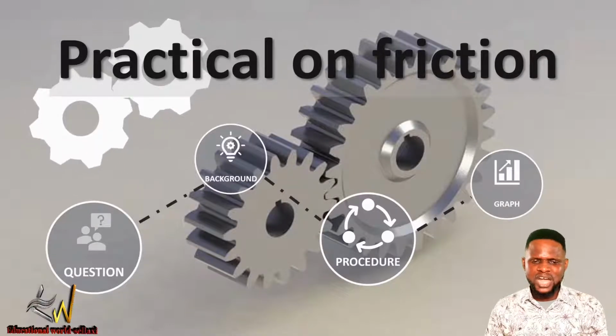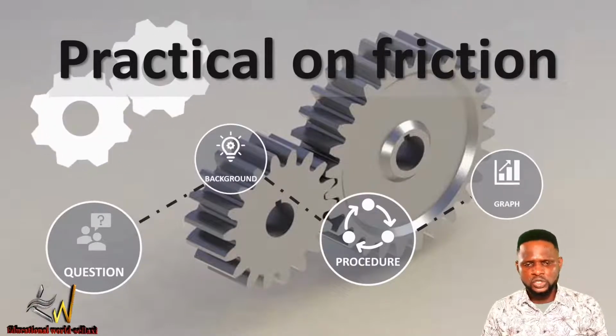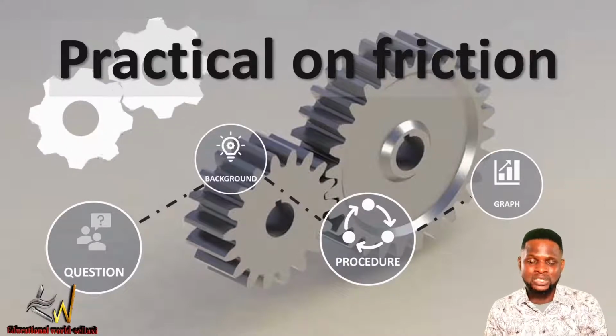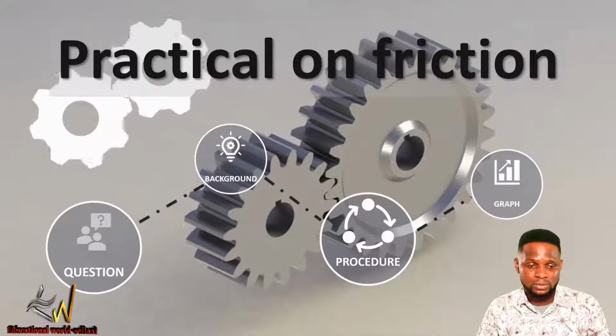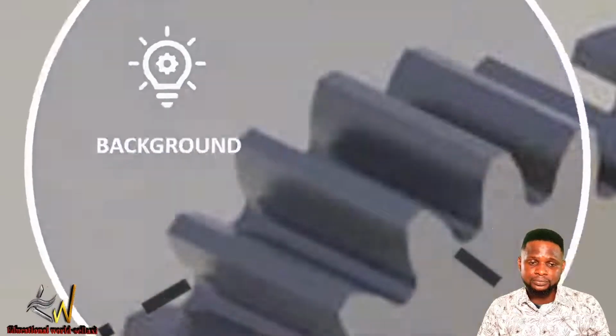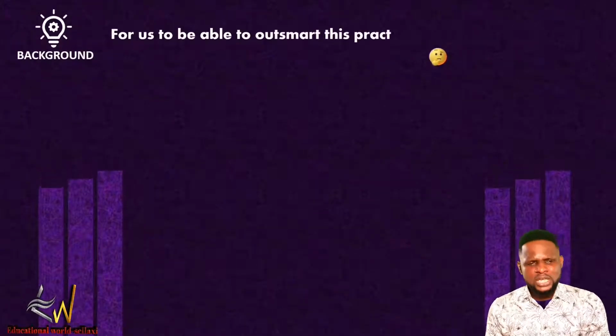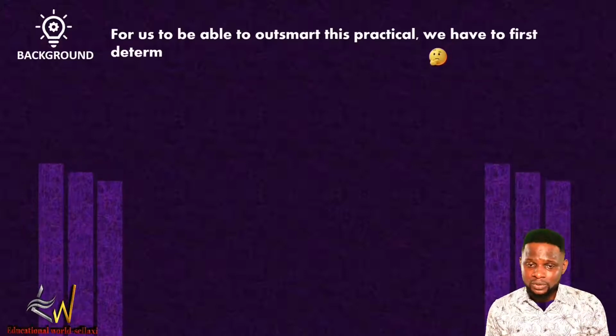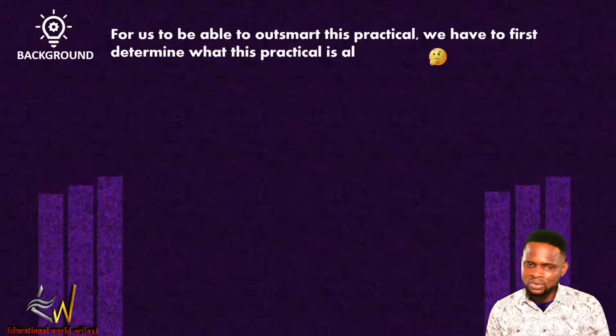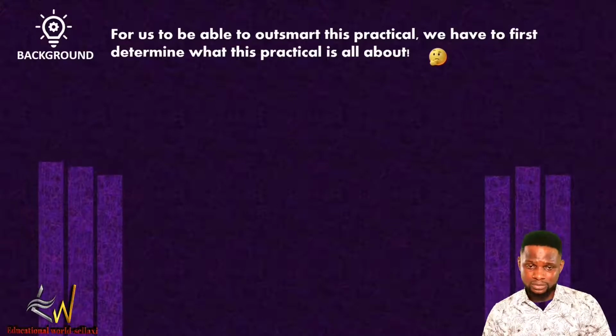So you are going to look into the background of the question. What are the things you're supposed to know before you can tackle this practical? For us to outsmart this practical, we have to first determine what it is all about.